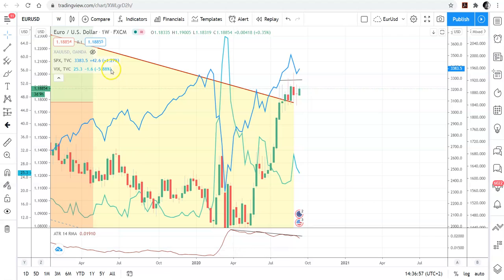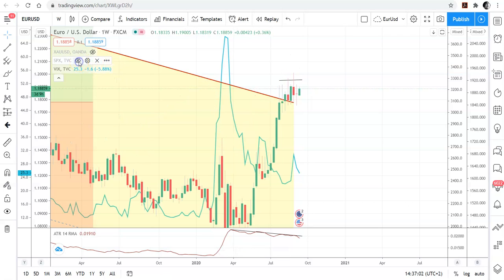So if we take the S&P 500 out and look at the VIX, the volatility index, you can see that it's still elevated because the low here is 21 point something and the high is 30, and we're now at 25 just about.